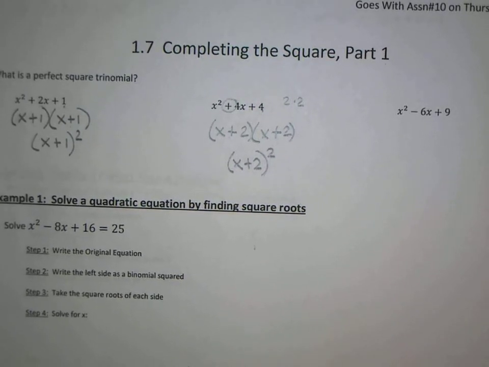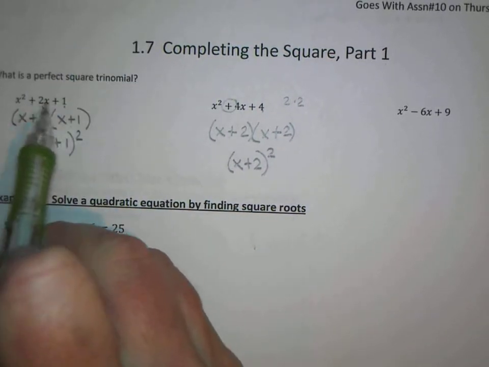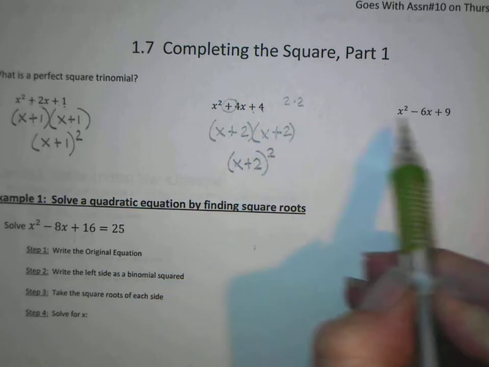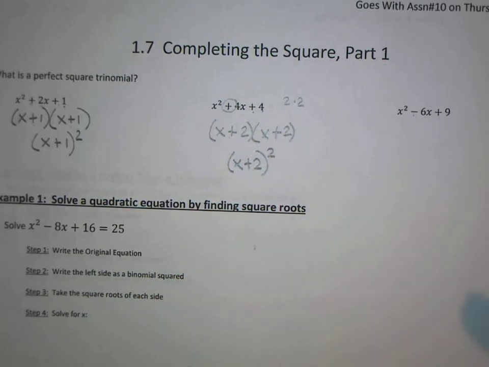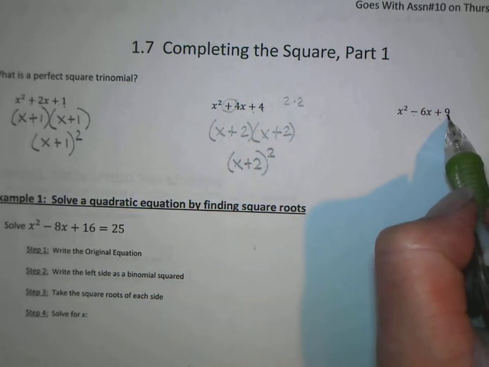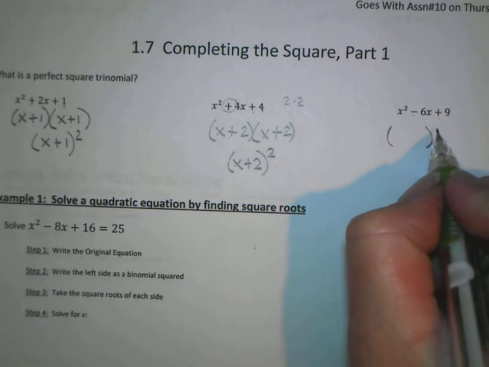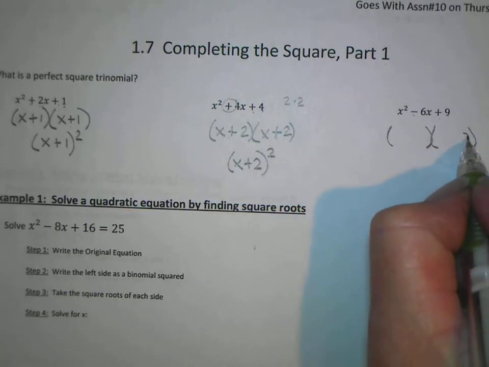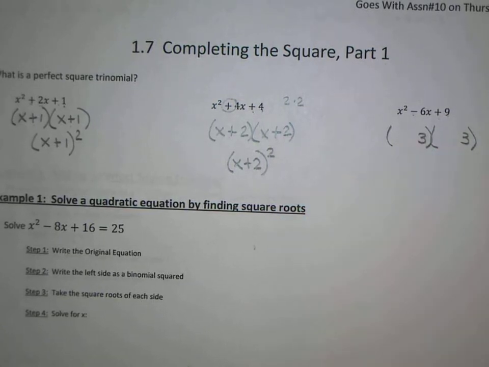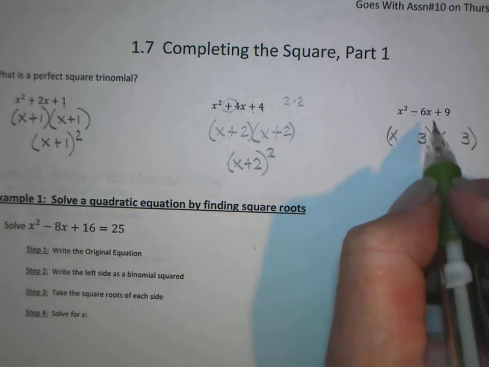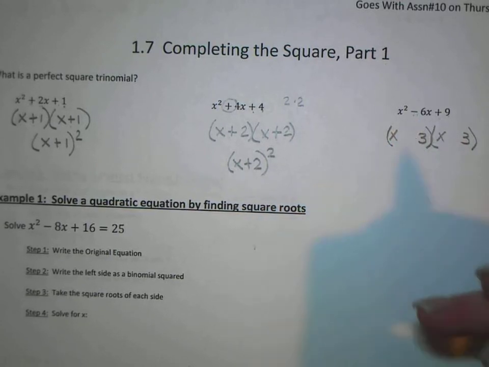Now this next one's just a little bit different because this one is plus and plus, and this one is minus and plus. However, it's the same idea. Two numbers you would multiply together to get 9. It's a perfect square, so it would be 3 and 3. And then you're going to put your x here and your x here. But when you add them together, you get negative 6.